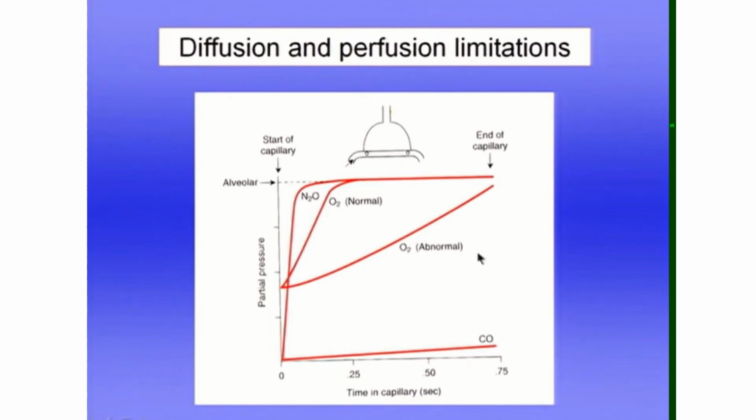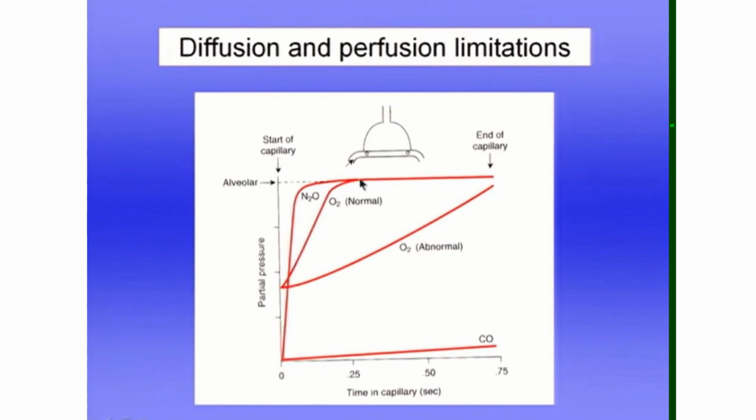Okay, now what about oxygen? That's the important one. Well, let's take a preliminary look here. We're going to look in more detail in a moment. But oxygen is different because, for one thing, there is a partial pressure of oxygen in the mixed venous blood coming into the lung. If you calculate the rate of rise of the PO2 in the blood as it loads oxygen along the capillary, you find that under normal conditions, the PO2 rises quite rapidly.